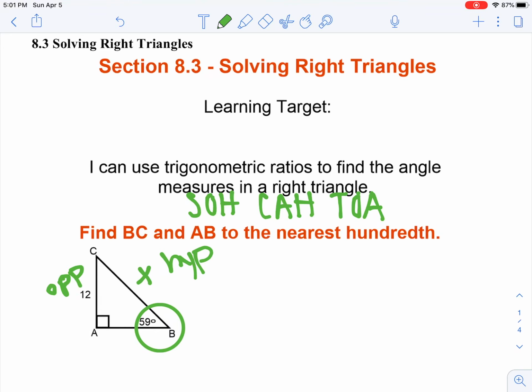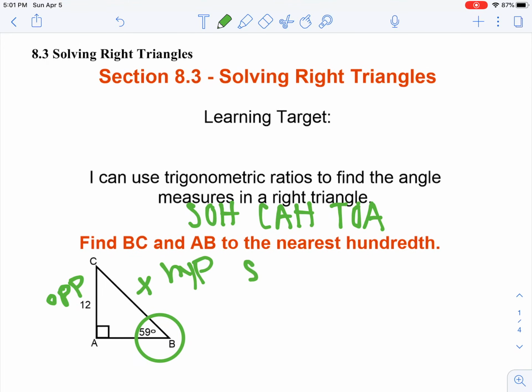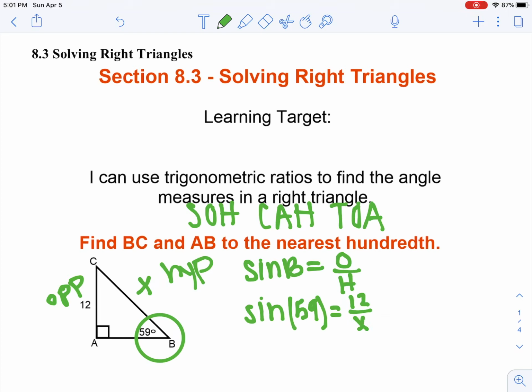So that would be the way to set up this equation. I can say sine of angle B equals my opposite side over my hypotenuse. So now I can substitute in what we know. We know angle B is 59 degrees, we know our opposite side is 12, and our hypotenuse is X.